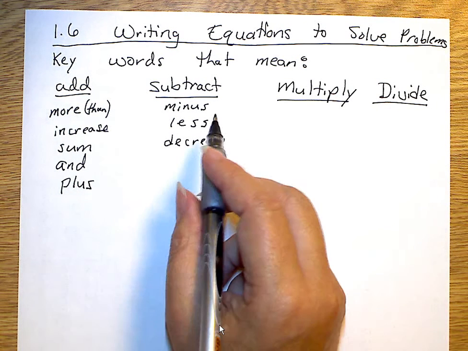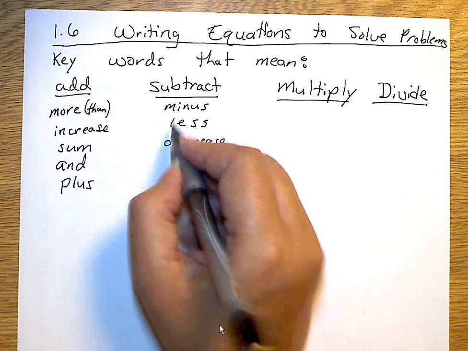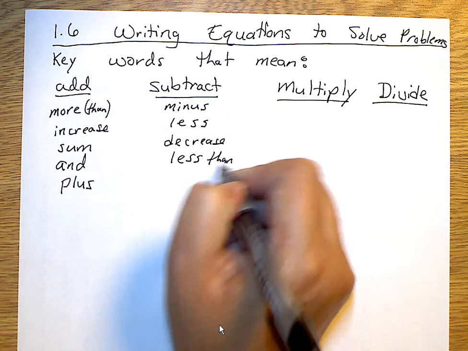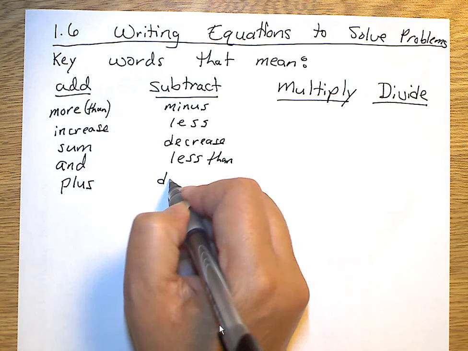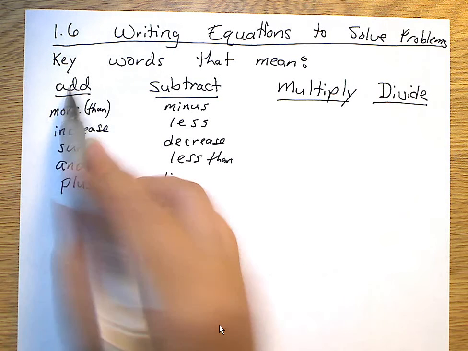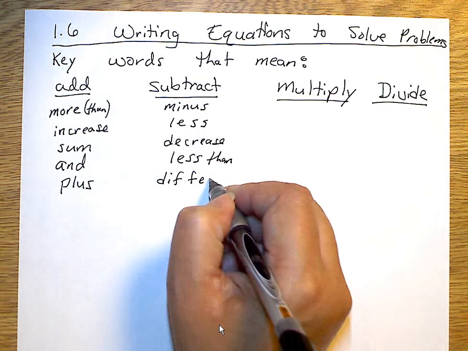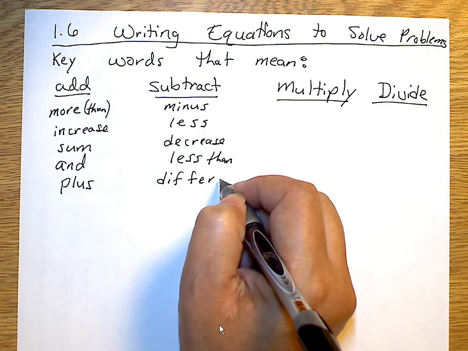We're looking for words though for our story problem. So you can have less or maybe just less than. Difference. More than would be your adding. Or taken. If they said how many more than.